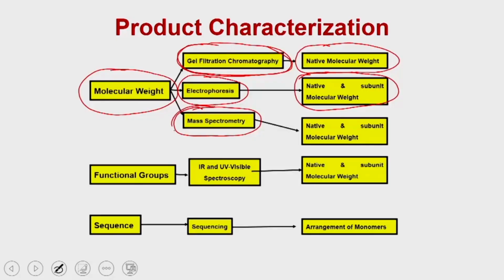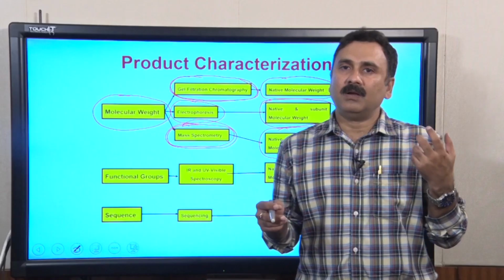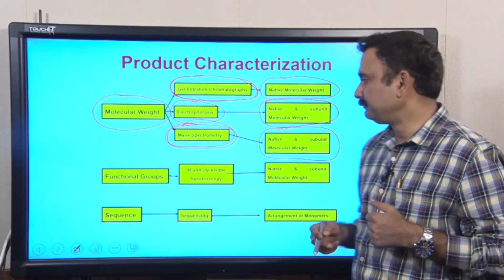Similarly, mass spectrometry is going to give you the native as well as the subunit molecular weight of that particular small molecule or proteinaceous substance.